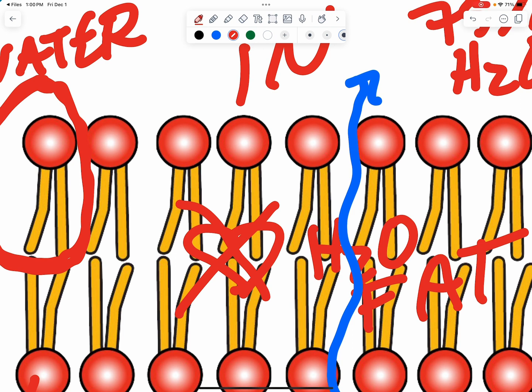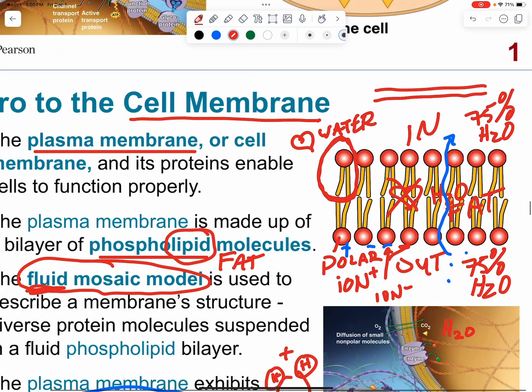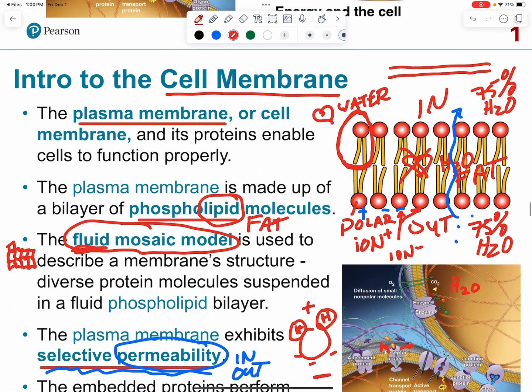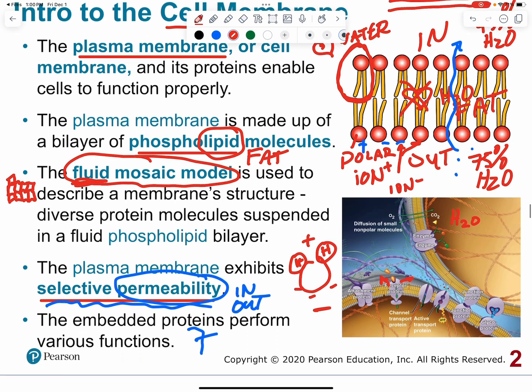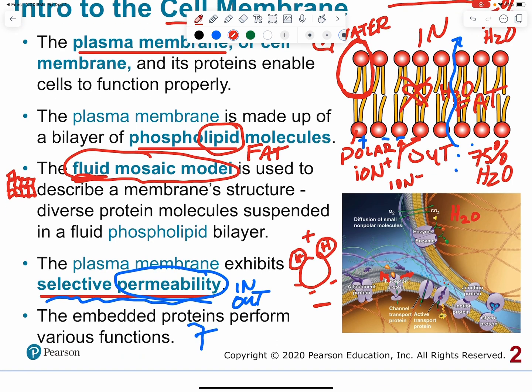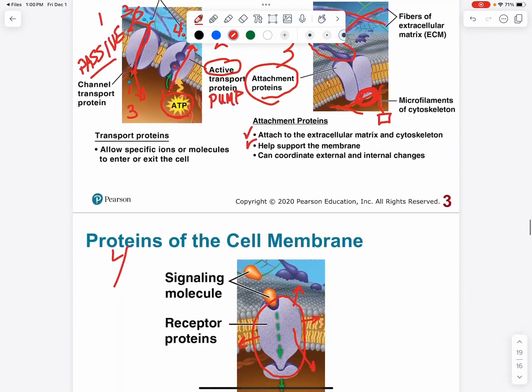Grab one of those ties, walk across the room, and the balloons will bounce around and move. That's what it means by being fluid. The cell membrane is not a solid. It has things flow in a mosaic pattern. That's why it's called the fluid mosaic model. All right, so back to where we were.